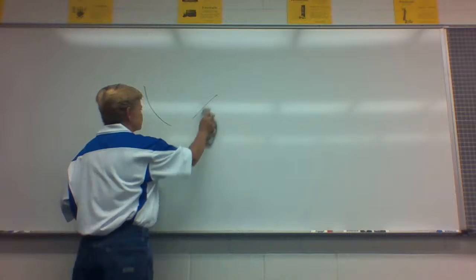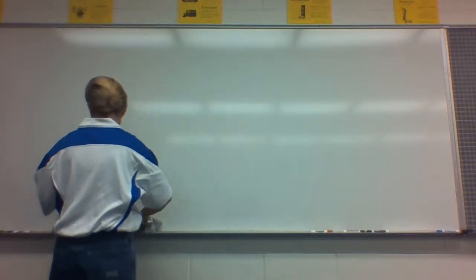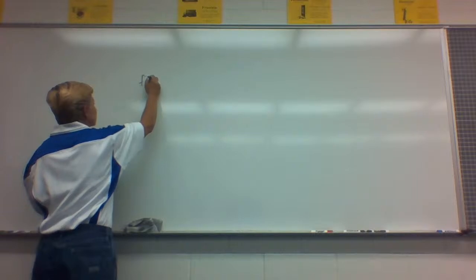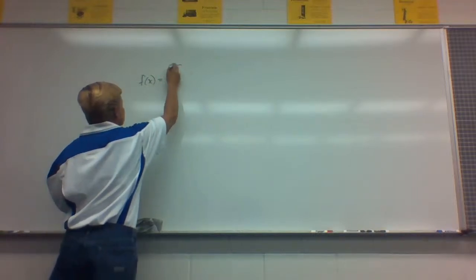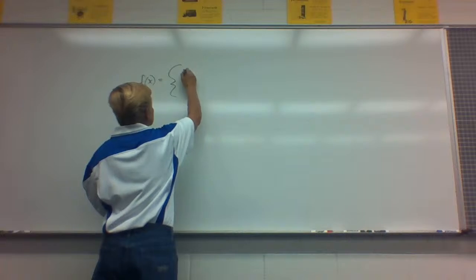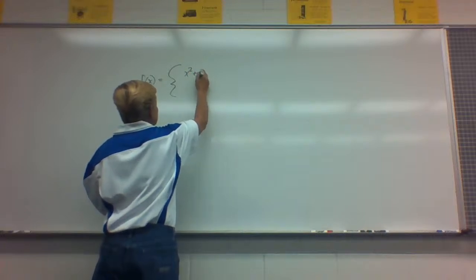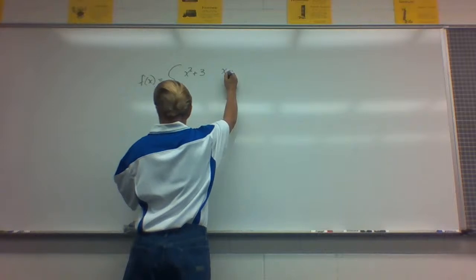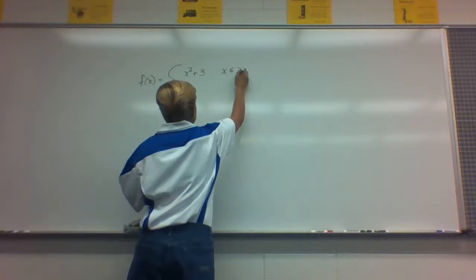Yes. So consider this. We'll let f of x be, I'm going to do a couple of these so that you understand what you're looking for, x squared plus 3 for x less than or equal to 2.